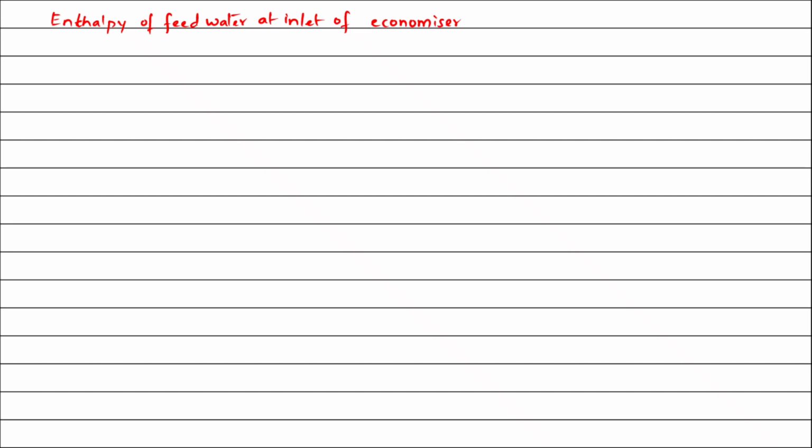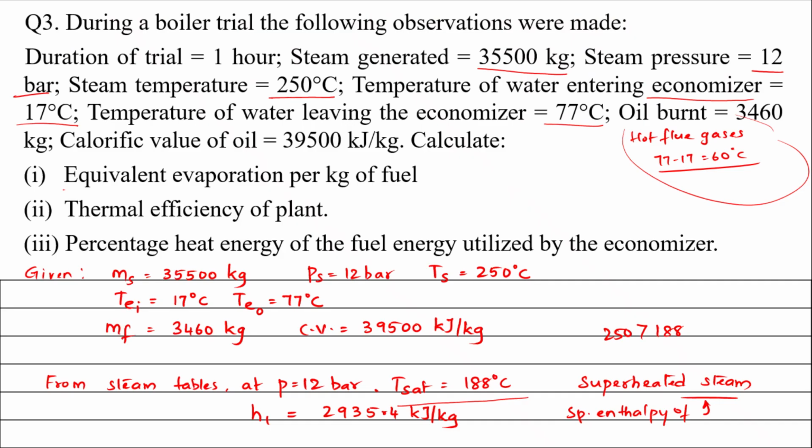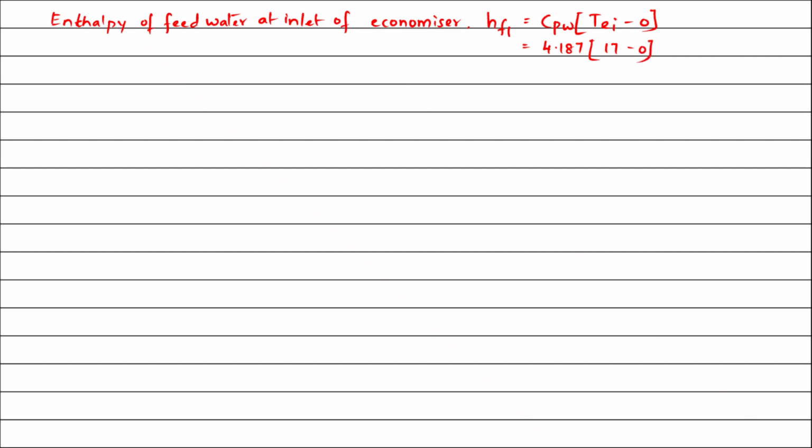As we had seen in the previous numericals, wherever the feed water inlet was, we had given the notation as HF1. So the enthalpy of feed water at inlet will be CPW into TEI minus 0. CPW is 4.187 multiplied by the temperature at the inlet of the economizer, which was given as 17 degrees Celsius. So 17 minus 0, I'm getting it as 71.179 kilojoule per kilogram.